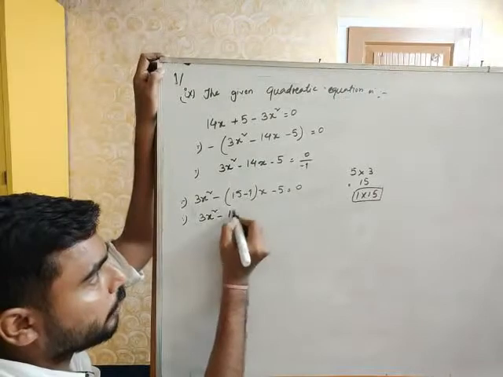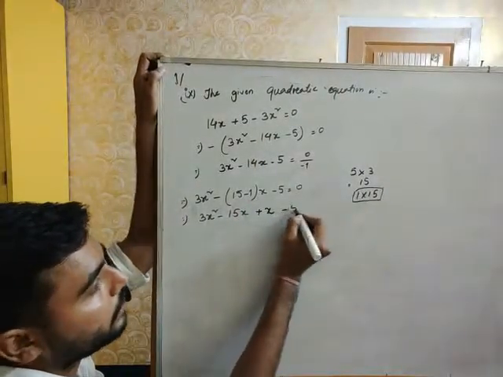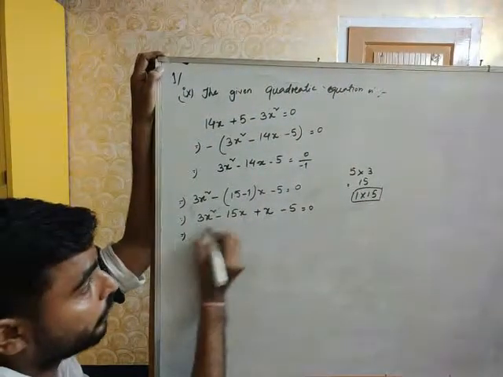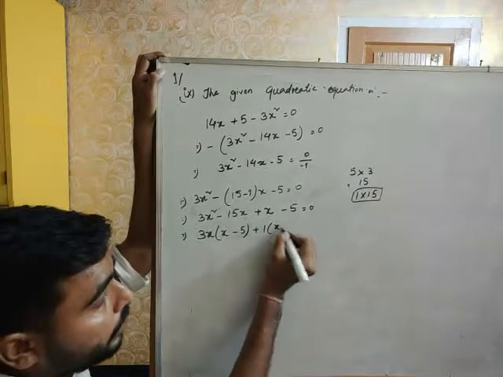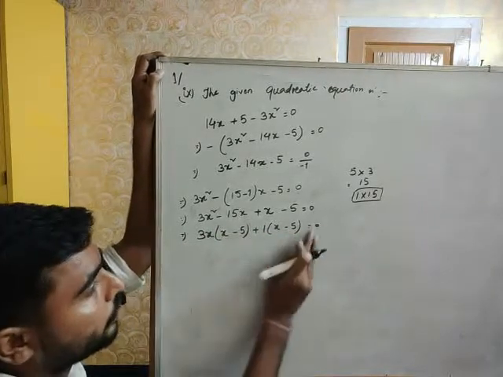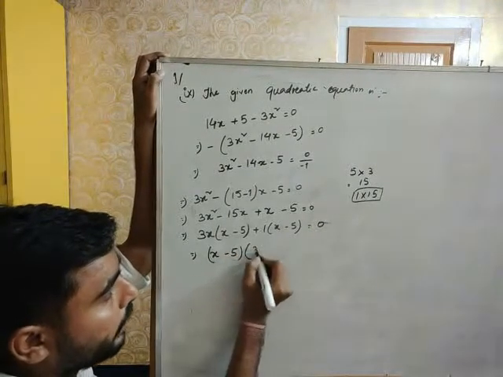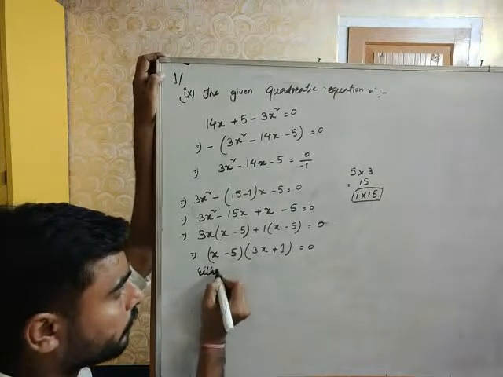So thrice x square minus 15x, minus minus plus 1 into x is x, minus 5 is equal to 0. So here thrice x can be taken common, x minus 5, here plus 1 has been taken common, x minus 5 is equal to 0. So x minus 5 overall has been taken common, thrice x plus 1 is equal to 0.